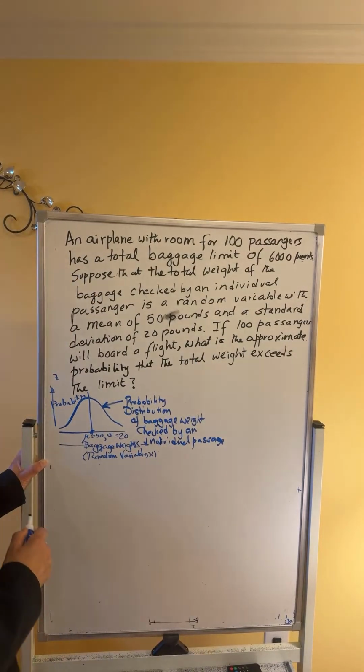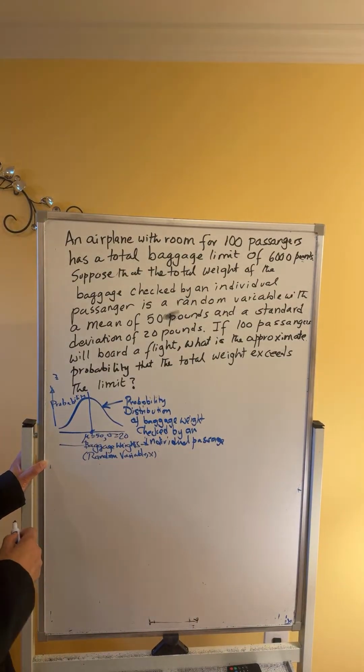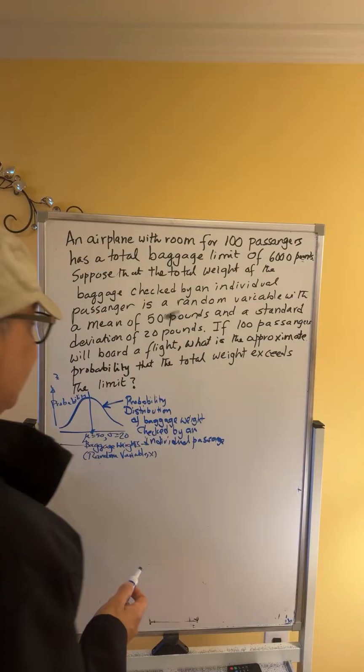If 100 passengers will board a flight, what is the approximate probability that the total weight exceeds the limit?